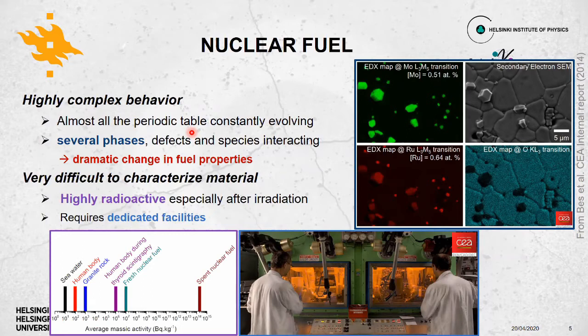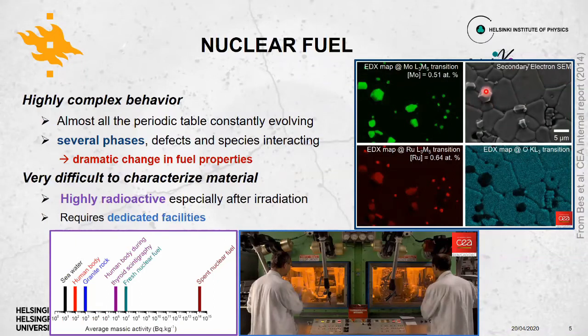And the goal of safety is to ensure that the properties remain the same in order to produce energy in a safe way. On the right side, you have secondary electron microscopy and energy dispersive X-ray mapping for molybdenum, ruthenium and oxygen in some spent nuclear fuel.